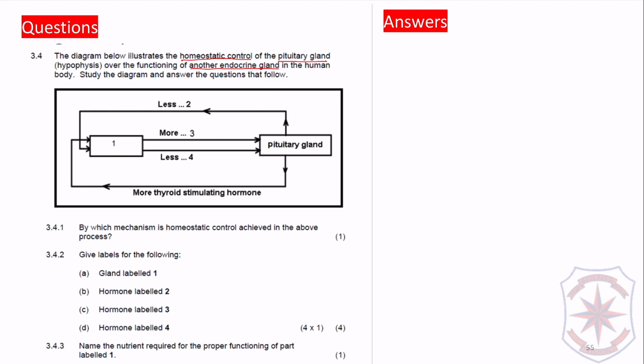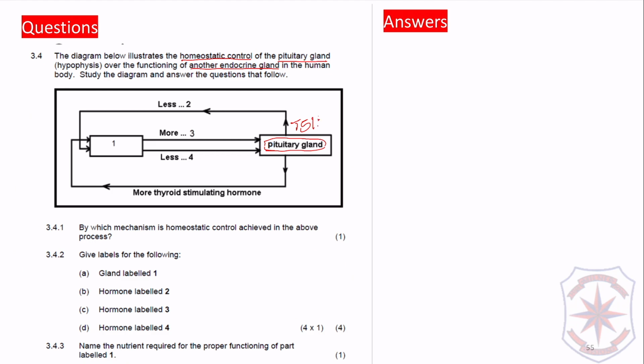Where do we even start? Okay, now let's start from the data that we are given. We are given that in this box, we have the pituitary gland. And as we know, in terms of the negative feedback between TSH and thyroxin, the pituitary gland secretes which hormone? It secretes TSH.